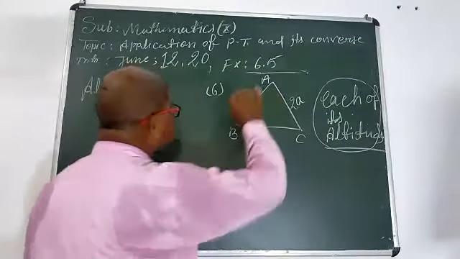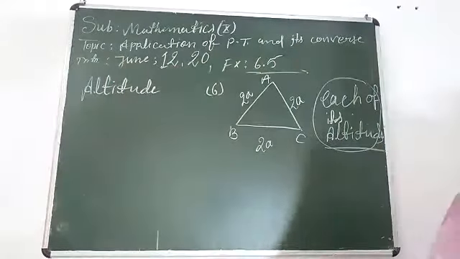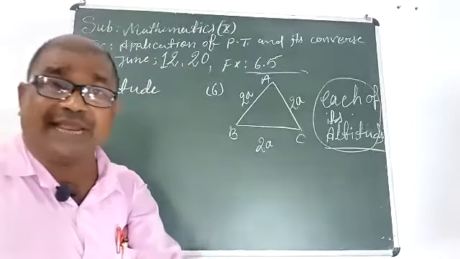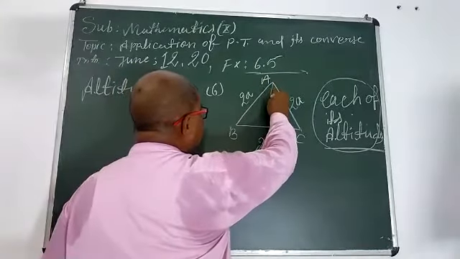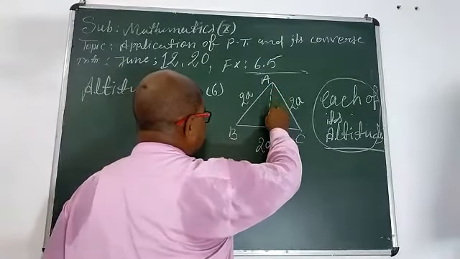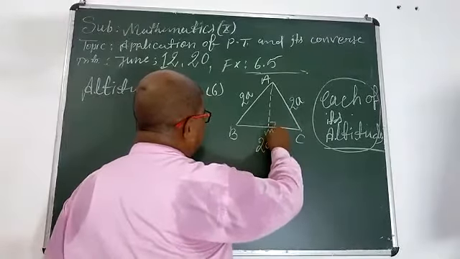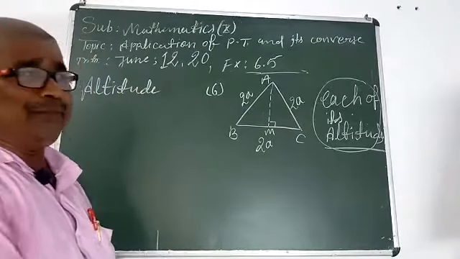Now, this is the given question. According to the given statement, we should draw the diagram in this way. Now we should draw a single altitude, student. Don't draw 3 altitudes. That is AM, AM perpendicular on BC.